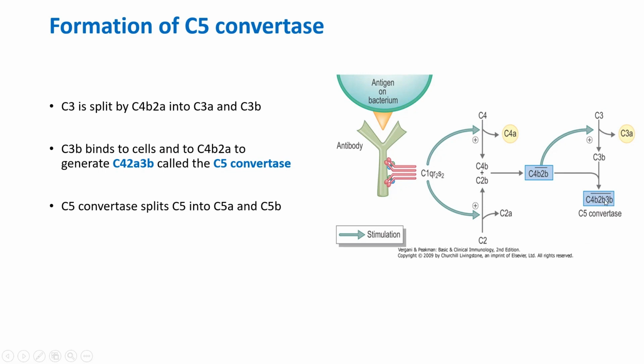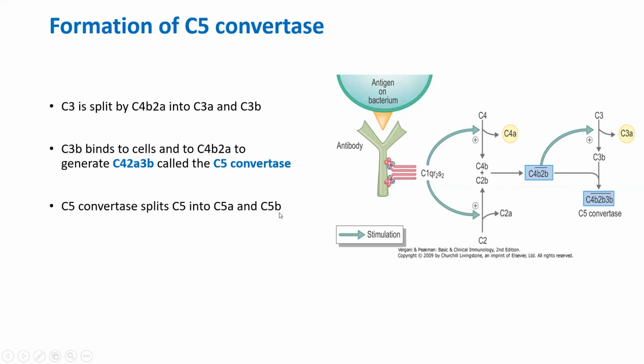Just to clarify, this is supposed to be C4b2a, then 3b. So this C4b2a3b is what we're calling a C5 convertase. And as always, a convertase is an enzyme which will help split C5 into C5a and C5b.